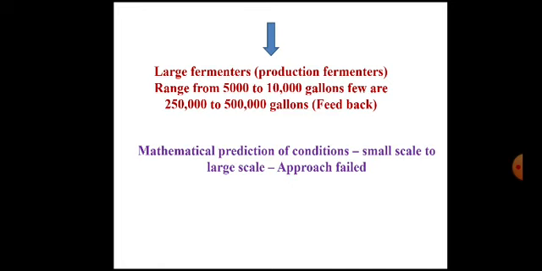So that includes the multiplicity factor. That is a purely mathematical prediction of conditions, or mathematical approach for increasing the scale. But this approach fails, or it is not at all practical.